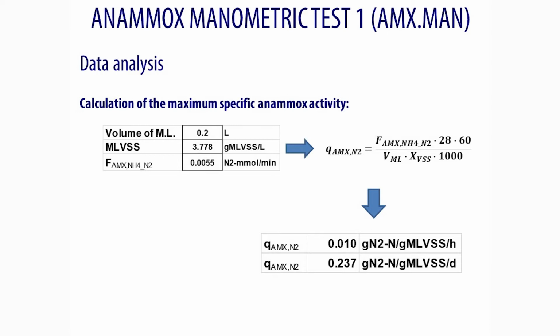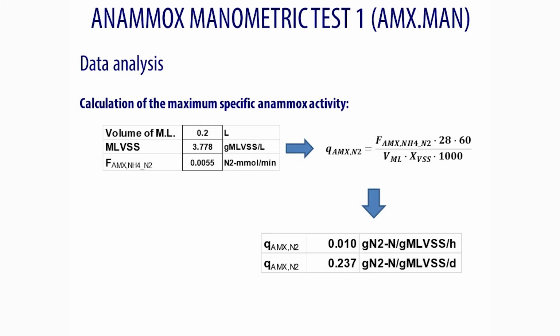The maximum specific Anammox activity can be computed, taking into account the volume of the sludge sample poured into the reaction vessel, the concentration of volatile suspended solids in the mixed liquor, and the maximum ammonium oxidation rate, FAMX, ammonium to nitrogen, using this expression.